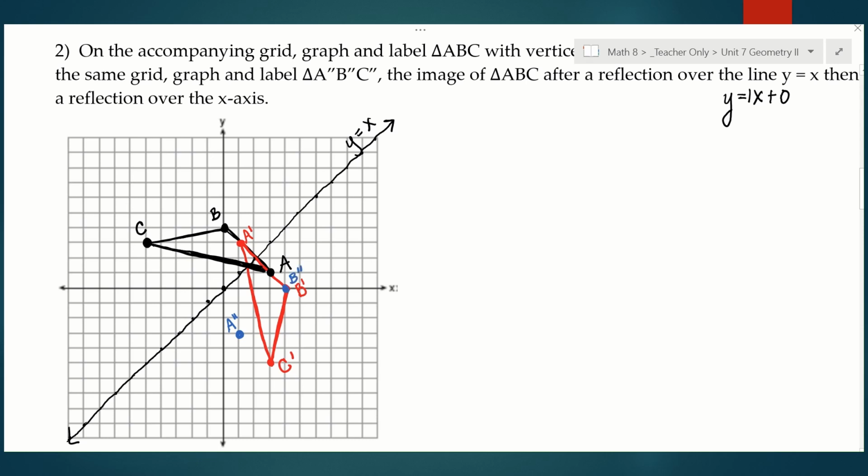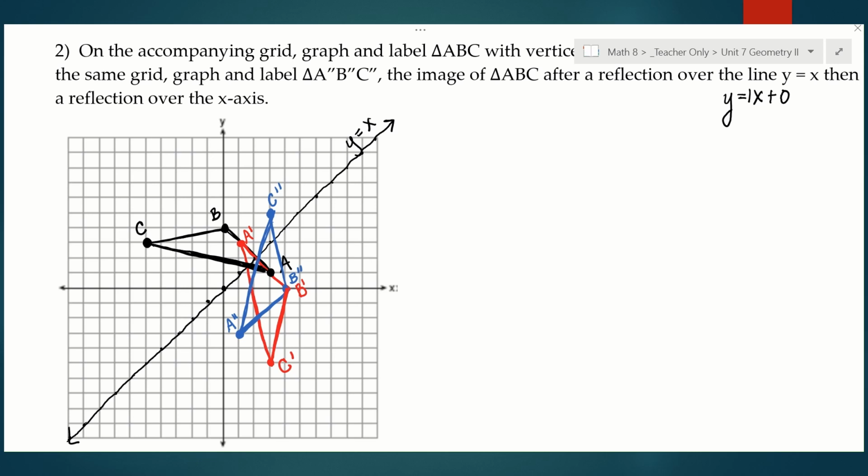C, let's see here, 1, 2, 3, 4, 5. So 5 in the opposite direction makes C double prime up here. So if we connect those, this is what your picture should look like.